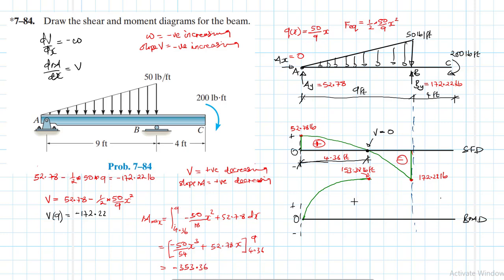Okay, so for us to find the final value there at B, the moment at B will be equal to the moment at the maximum, which is 153.38, and this one is negative, so minus 353.36.